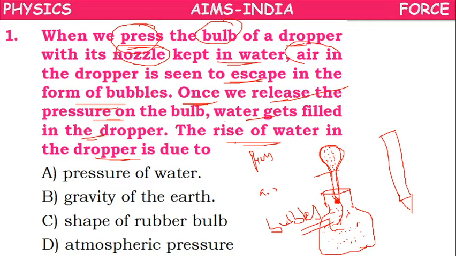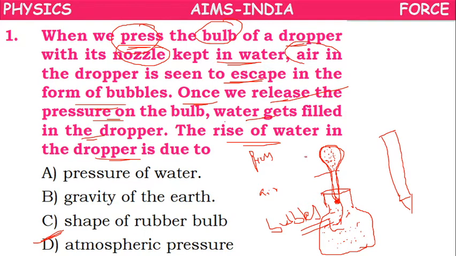So the rise of ink or the rise of water in the dropper is due to what? It is due to atmospheric pressure. Because of normal pressure, the air is coming down.